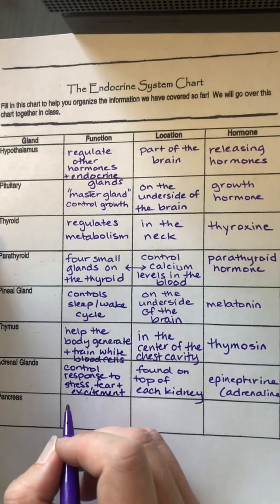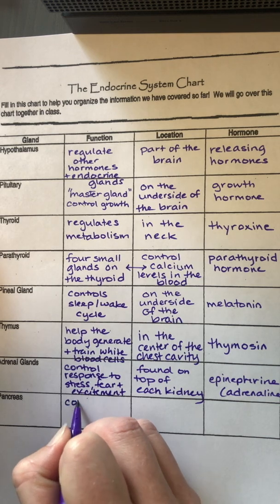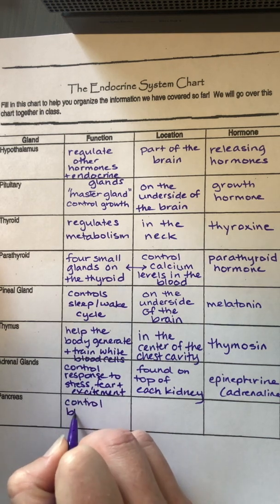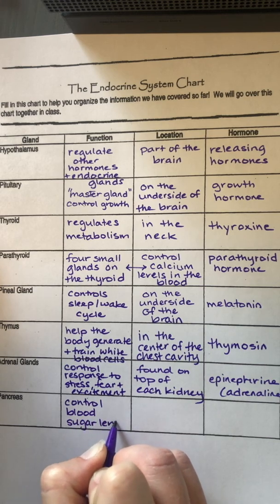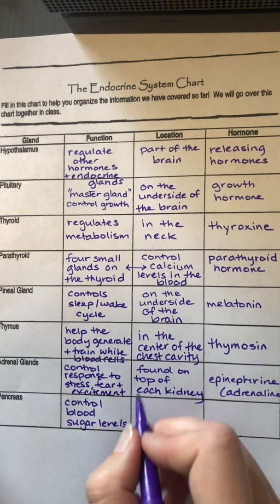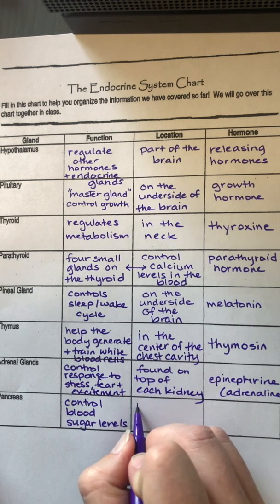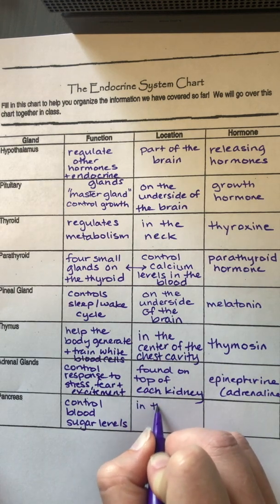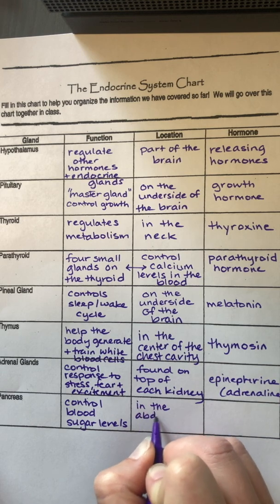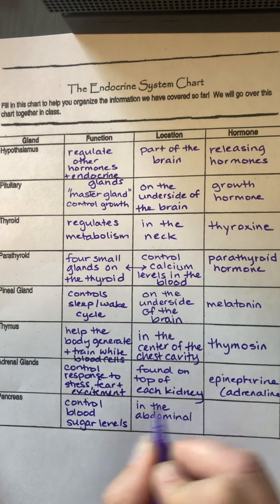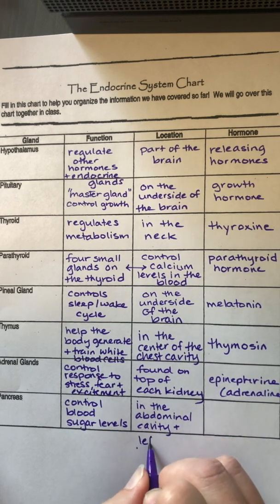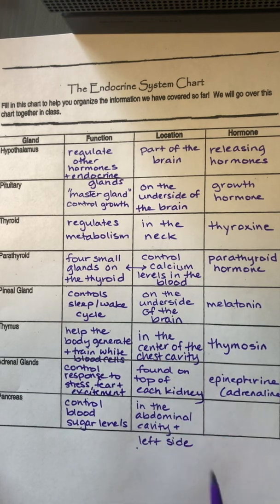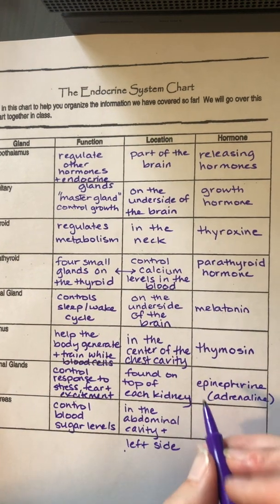The pancreas, its function is going to be to control blood sugar levels. And its location is in the abdominal cavity. And if you're the patient, it's on the left side. It makes two hormones.